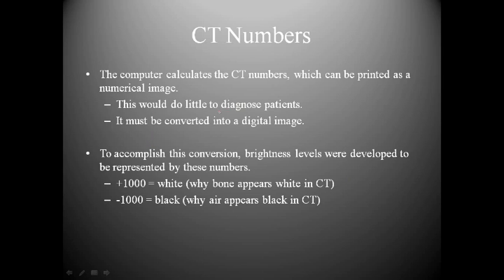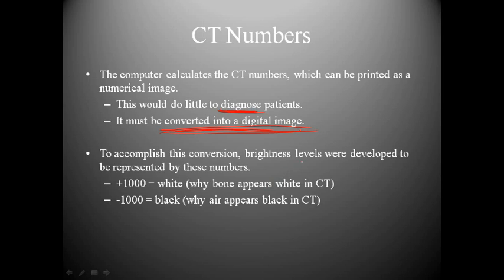It would do little to diagnose, actually nothing at all, because there would be no way that you could somehow in your mind wrap it around how to utilize these CT numbers. So it must be converted into a digital image. And as we'll see, the numerical sheet would be a little bit staggering, and it's kind of amazing just to look and see how CT actually converts this.